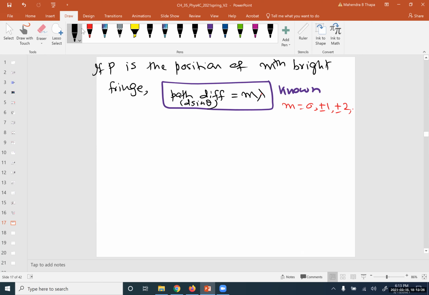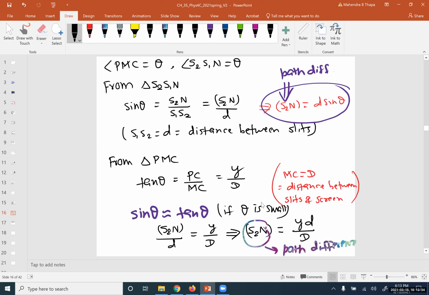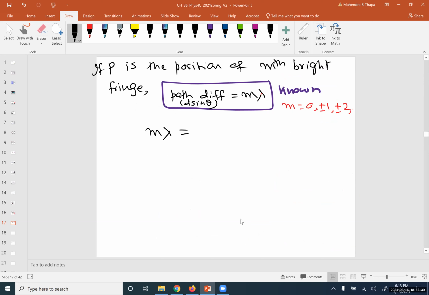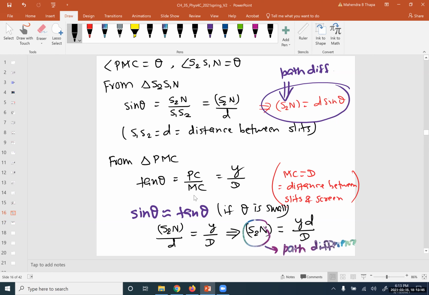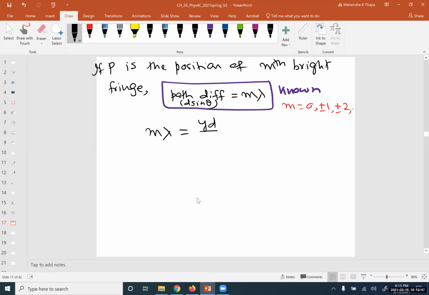Now we can equate m lambda to y d over D. So for this mth fringe, instead of writing y, we write ym equals m lambda D over d.